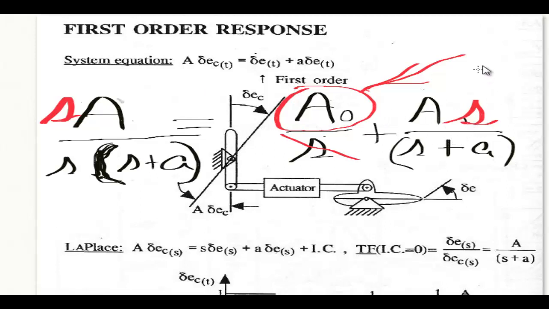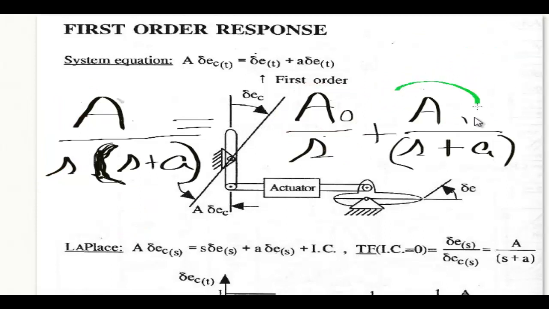So just pick s equals 0. So if I pick s equals 0, since these s's have canceled, then I'll get A0 equal to the constant capital A over little a, as I let this s here go to 0. And that's how you'd find capital A0.